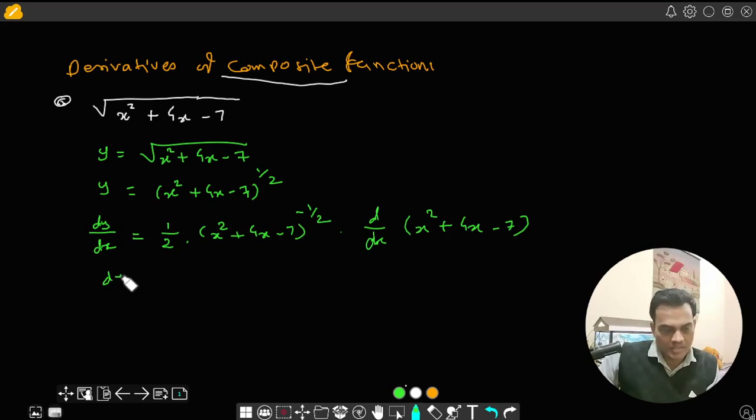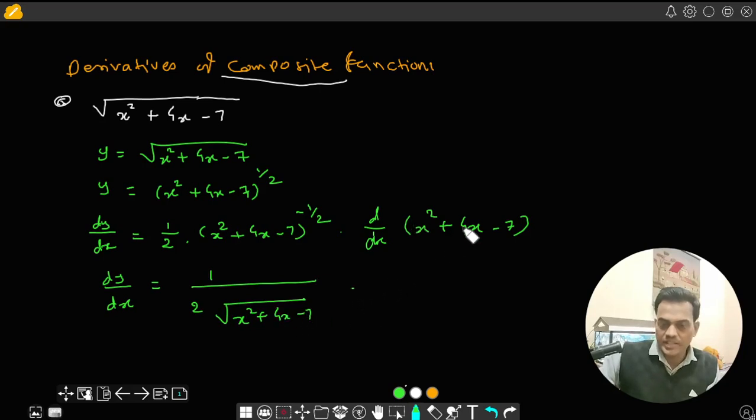Okay, so dy by dx is equal to 1 upon 2 square root of x square plus 4x minus 7, and the derivative of this quadratic equation: the power comes in multiplication, the power is reduced by 1, plus 4x, derivative is 4, constant as it is, the derivative of x with respect to x is 1, and the derivative of the constant is always 0.